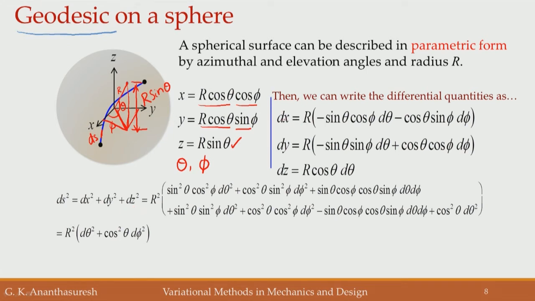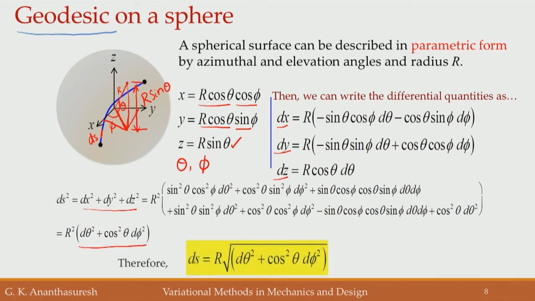We substitute for dx, dy, dz, get a long expression for ds square, and when we simplify using trigonometric identities, we get ds square is r square times d theta square plus cosine square theta d phi square. That is what we get as ds.